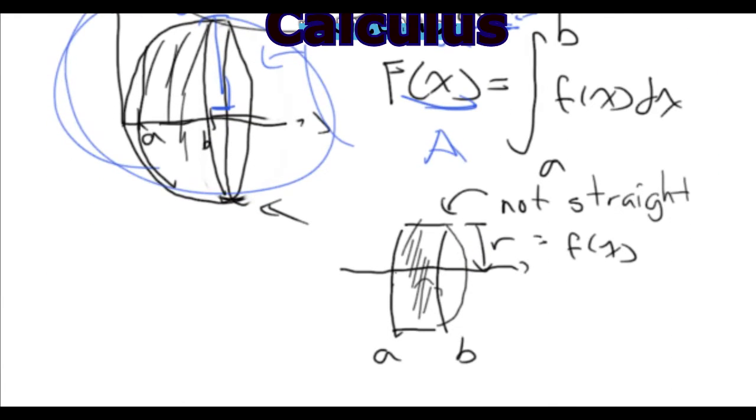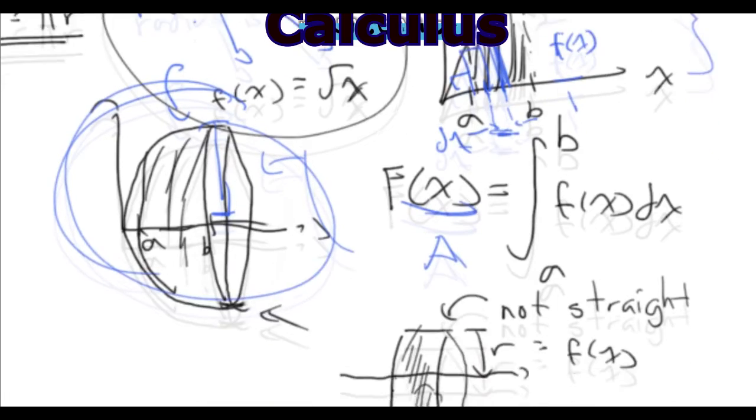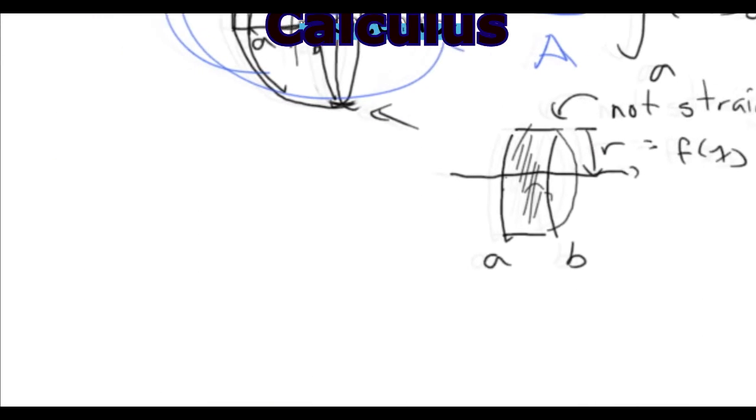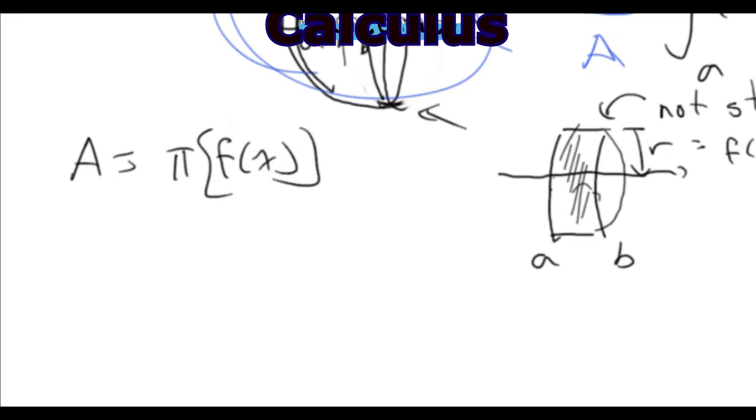Okay, now to find the volume under the curve, note that the area of the circle is pi r squared. In this case, the radius is the function itself, so it is now f of x squared.